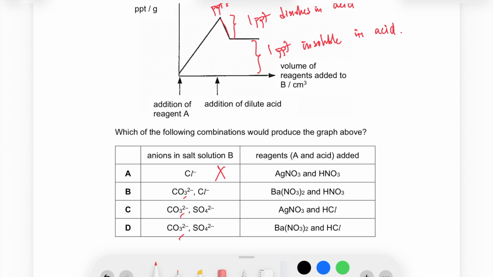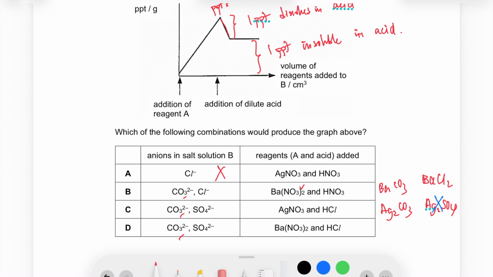If you choose barium nitrate, you will form barium carbonate, which is a correct PPT, and barium chloride. If you use silver nitrate, it will be silver carbonate and silver sulfate. Silver sulfate is not a PPT, so it's out.